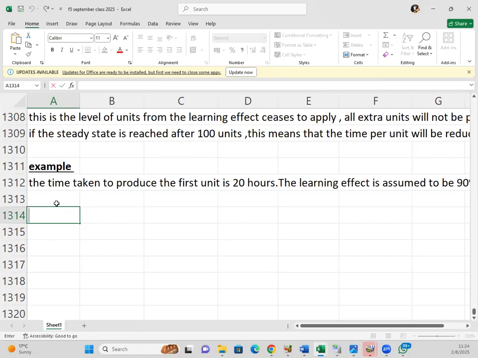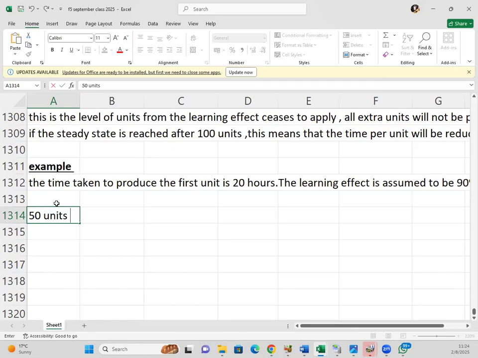So how do you determine the time for the 70 units? The first thing is to calculate how much time is needed for the first 50 units, where we are enjoying the learning effect.